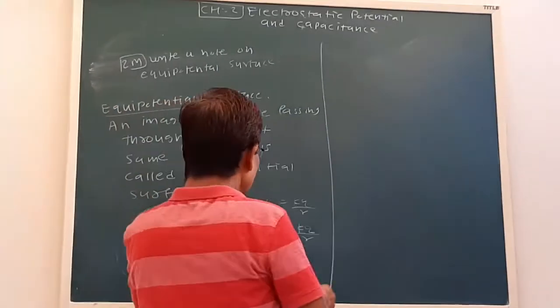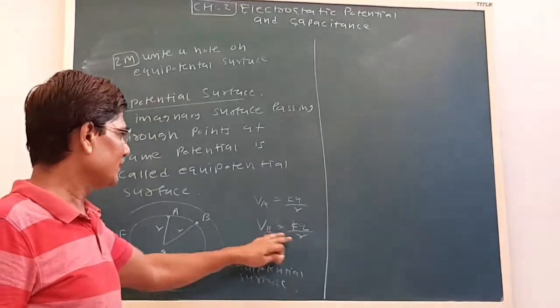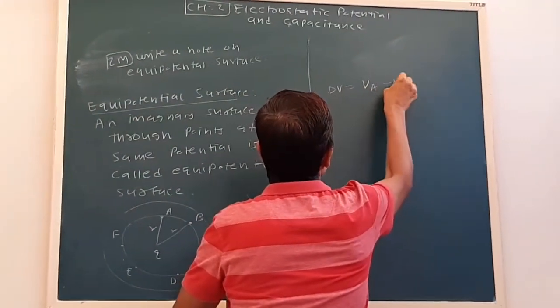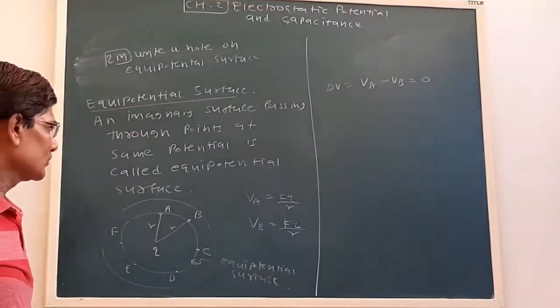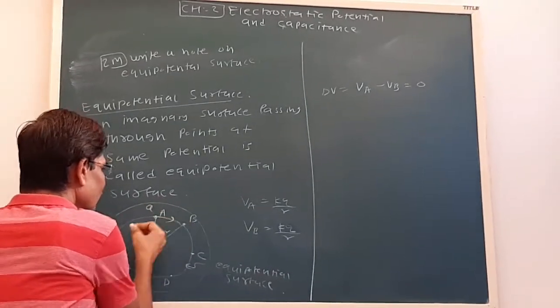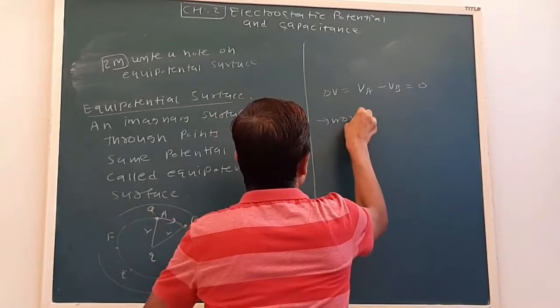Now see here what we have seen. VA is KQ by R, VB is KQ by R. So if I find delta V, that is VA minus VB, it will be 0. Okay. Now suppose we have to move Q charge on an equipotential surface, then work done can be calculated like this.